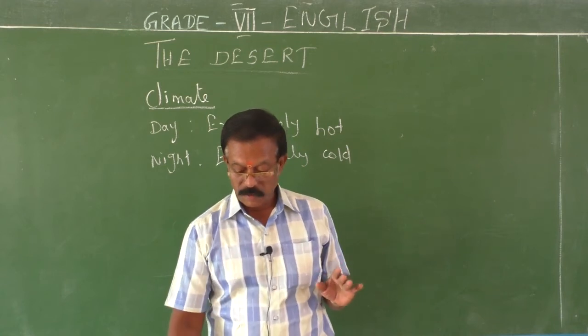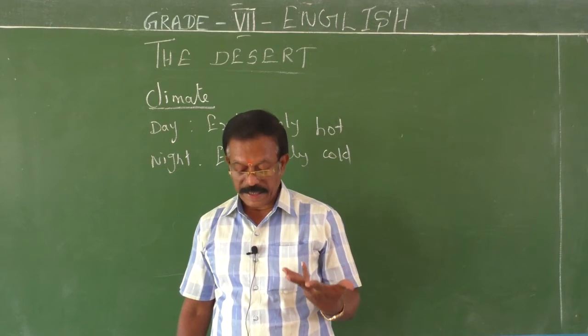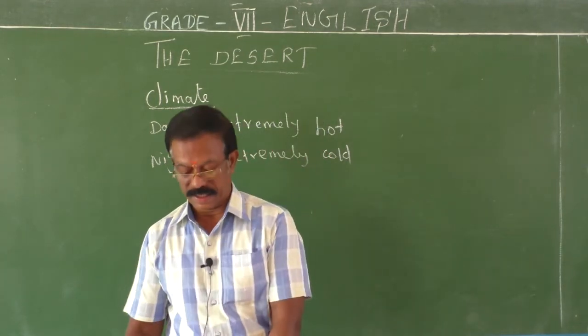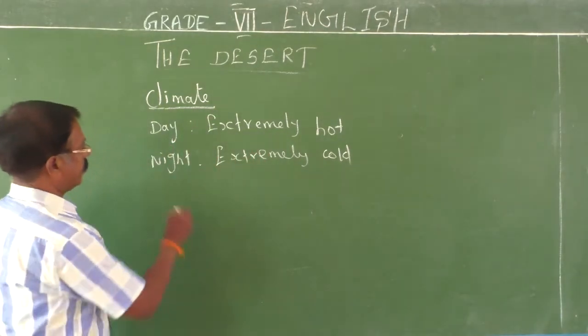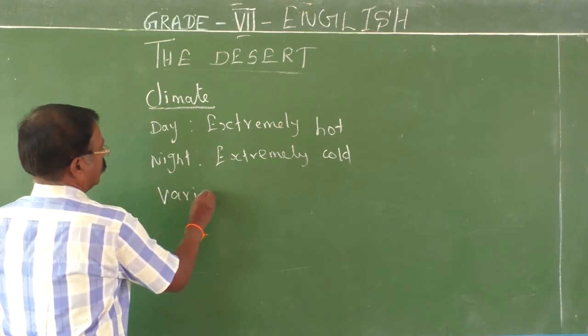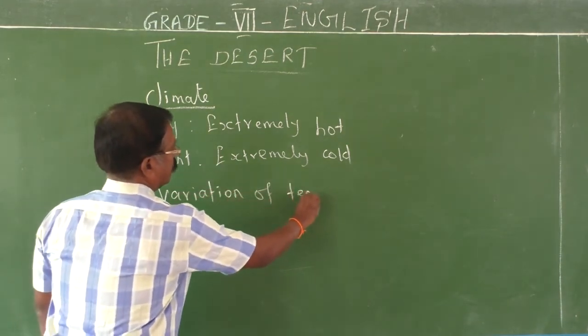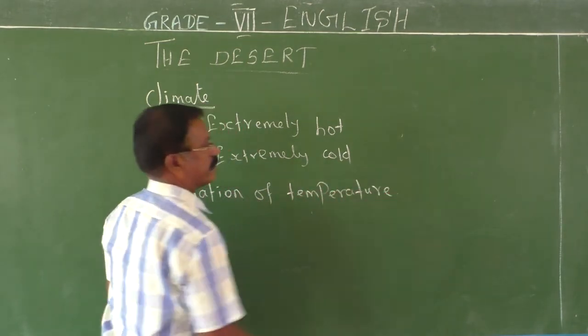And why are variation of temperature and dryness distinct features of these deserts? Variations of temperature, that's important. Temperature varies.